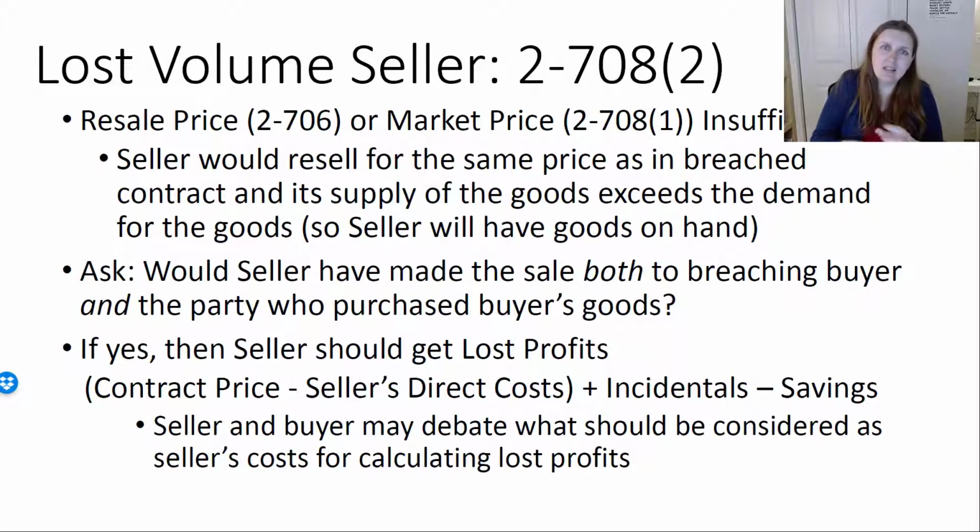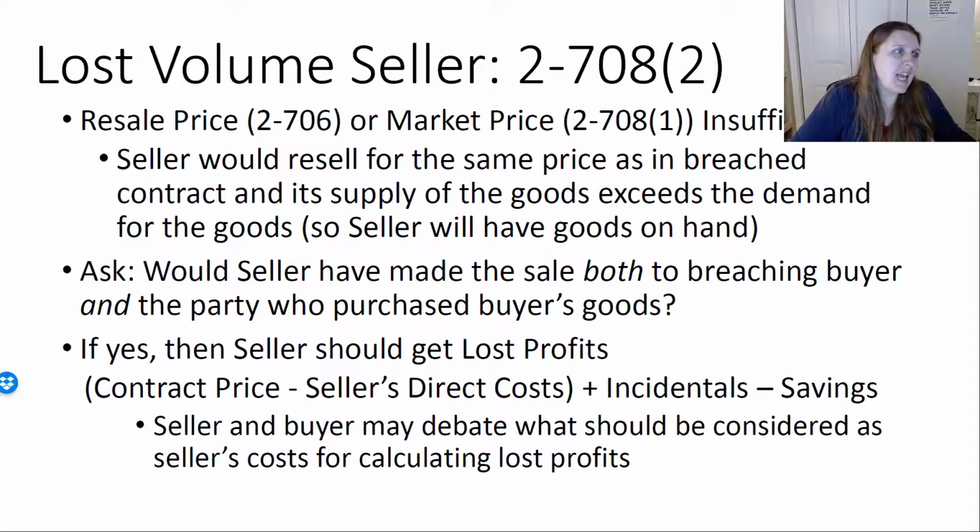So in essence, the argument that the seller has to make and convince a court of is that the seller would have made the sale both to the breaching buyer and to whatever other party in a normal scenario would have been the substitute buyer. Right? So I just would have made both of those sales anyway.